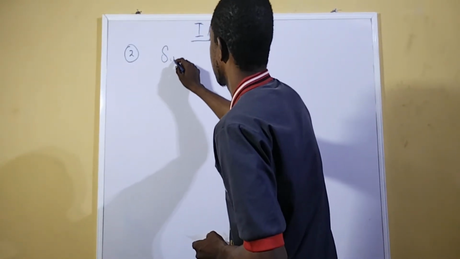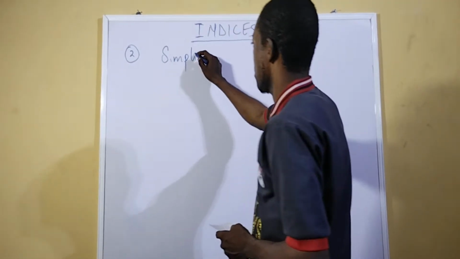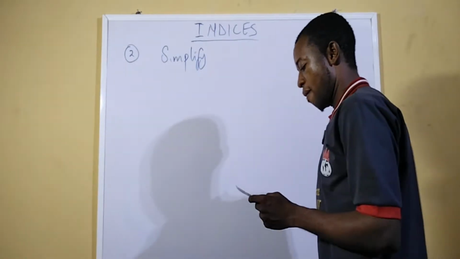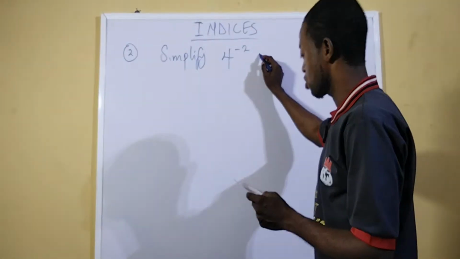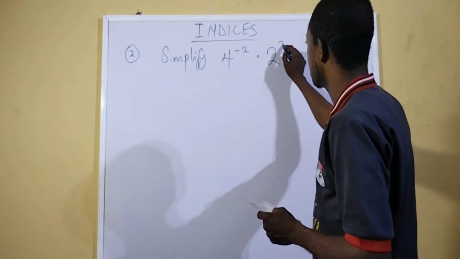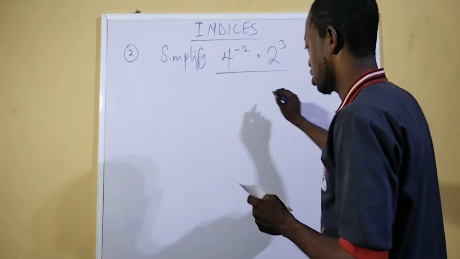Simplify 4 raised to power minus 2 multiplied by 2 raised to power 3 divided by 8.